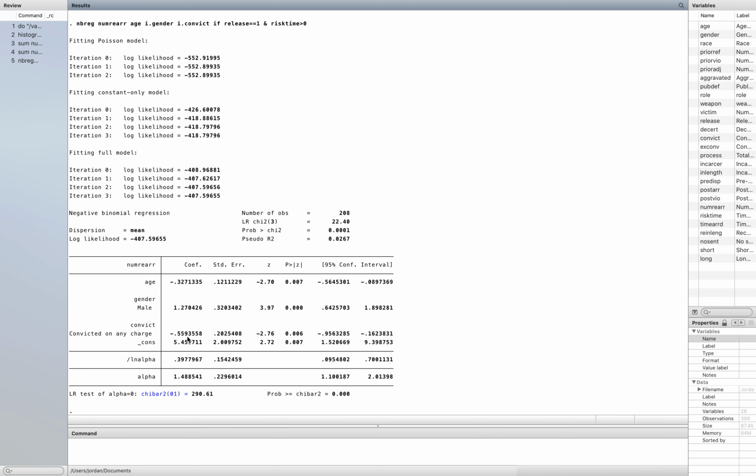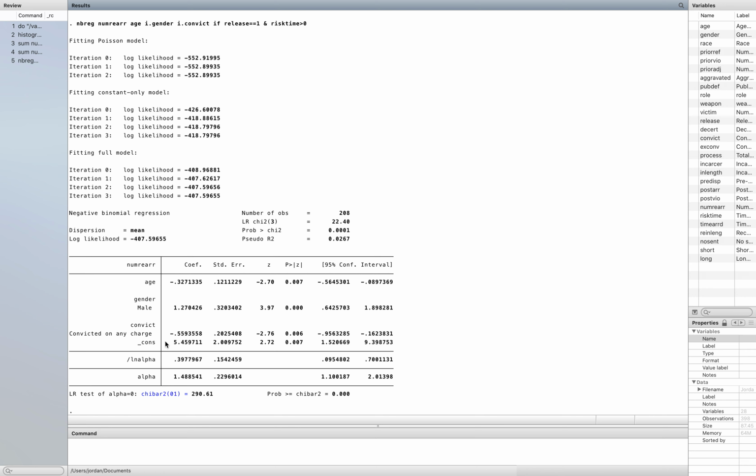Convictions. So clearly some people were convicted in the data and some people were not convicted. You see it is also significant. Those who are convicted on whatever charge are coded as 1. Those who are not convicted are coded as 0.